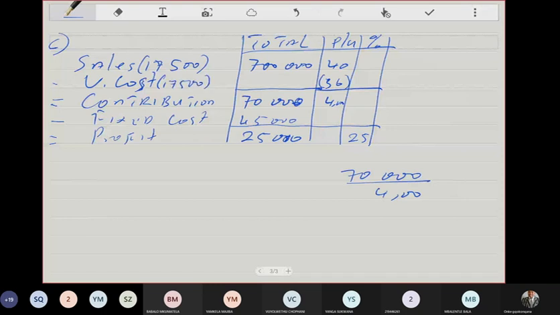So hence, we are so comfortable to take this 17,500 as our sales times now 36. So here it gives us 630,000. And when you minus this from that 700,000, it takes you straight to that contribution of 70,000 and minus 45,000. You've got a desired profit of 25,000.